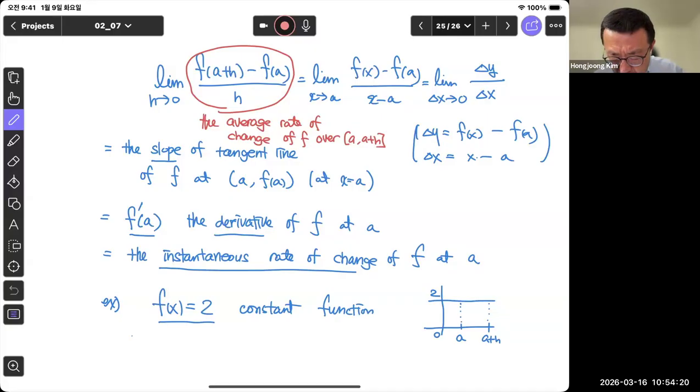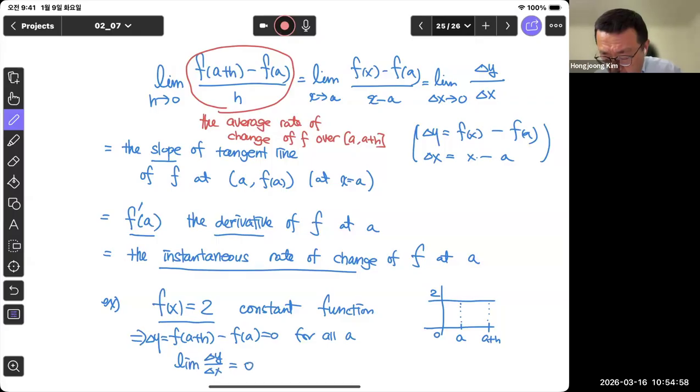So in that case, f of a plus h minus f of a will be 0 for every a. So delta y is 0, right? So the limit of delta y over delta x will be 0 for every a.